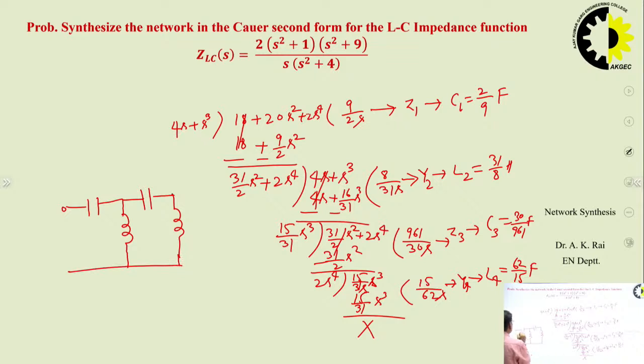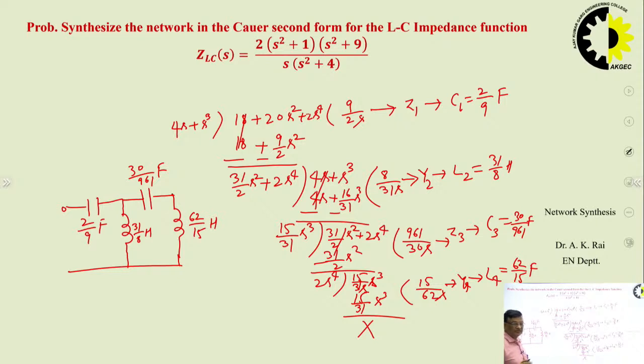So it is 2 by 9 farad, then we have the 31 by 8 Henry, and this C3 is your 30 by 961 farad, and this is your 62 by 15 Henry.